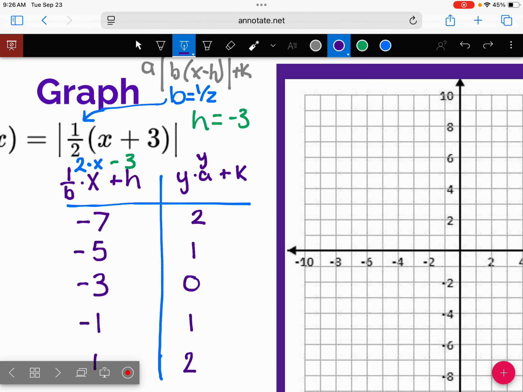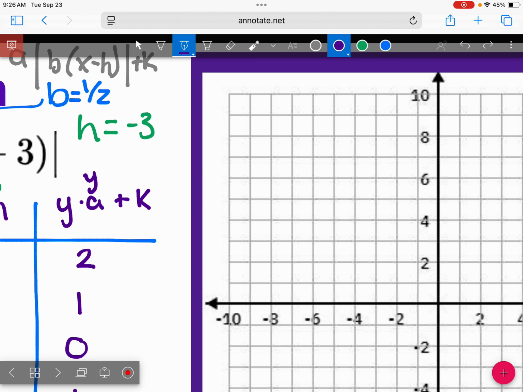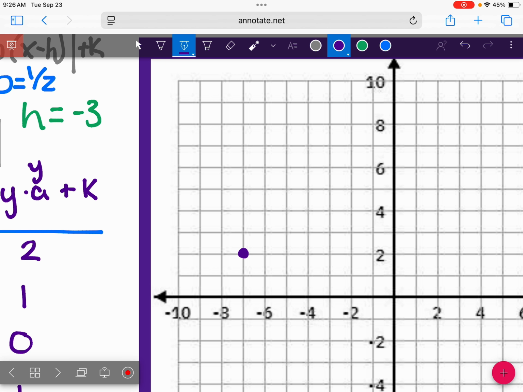So plot up those points so that we can get this graphed up. So we're going to have our -7, +2. We have our -5, +1. There we go. -3, 0. -1, 1.